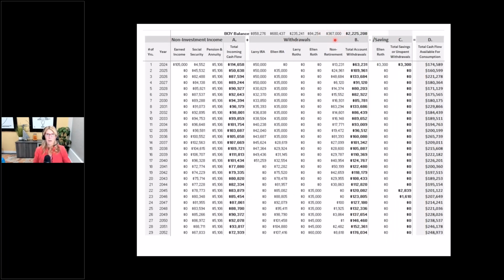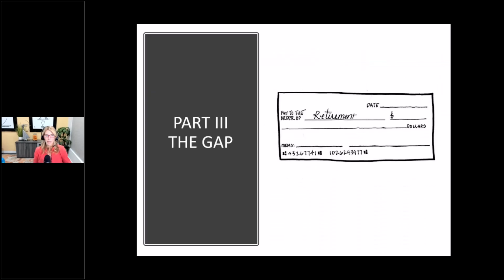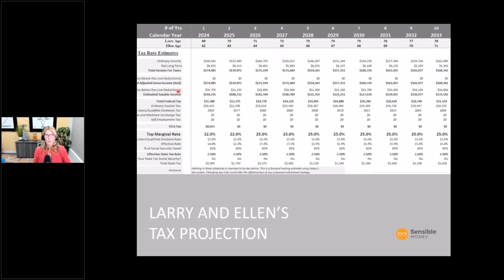And the amount of interest and dividends that those mutual funds were expected to generate would be included here in this tax calculation. So here we see net long-term. This would be long-term capital gains and dividend income that we were expecting to come in. So that's how we include it in the plan.